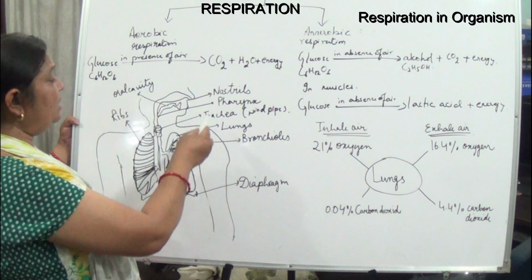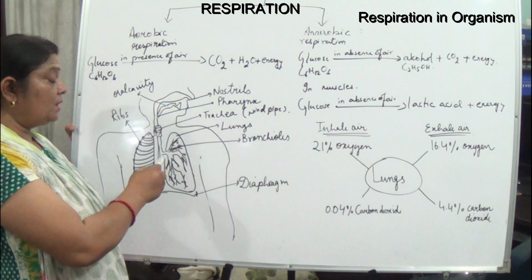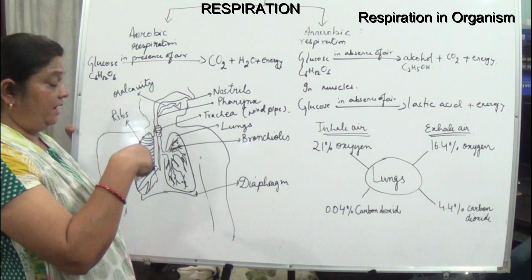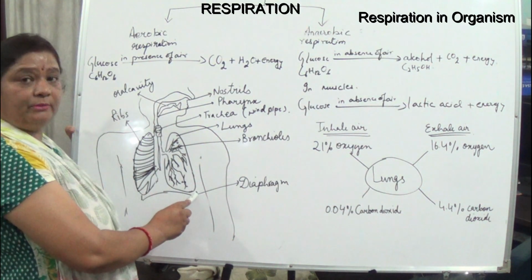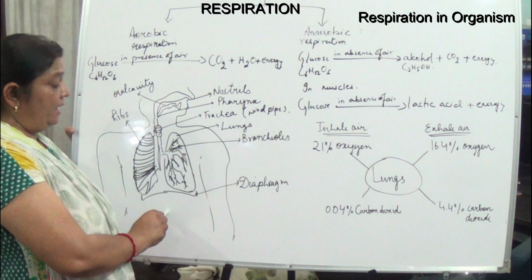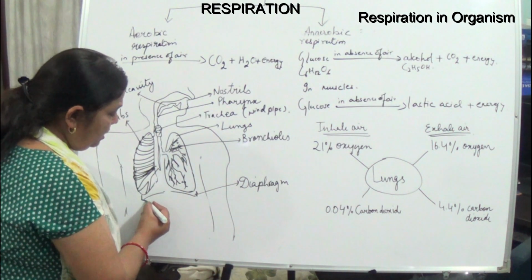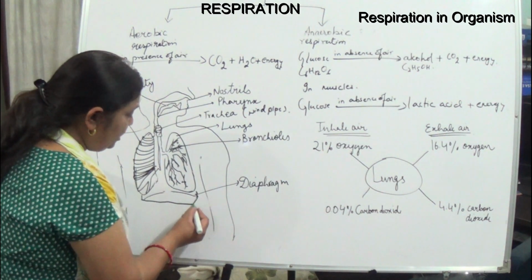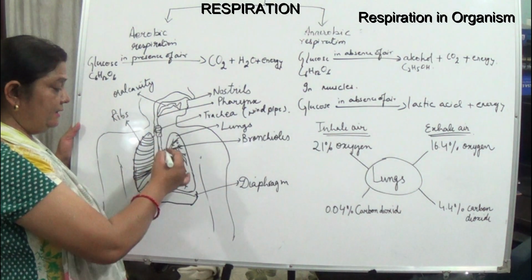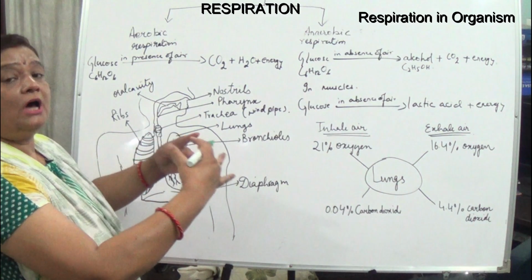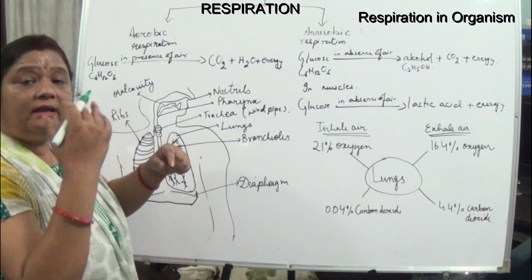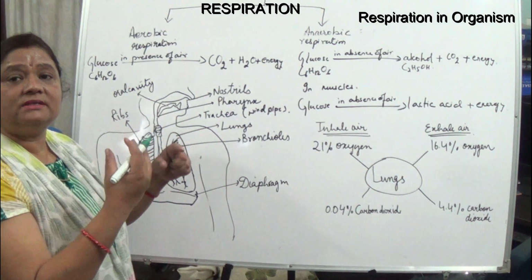Okay, so when we are taking in the oxygen rich air, this diaphragm is stretched. Our ribs move outward when we are taking the air, so that the area for accommodating the oxygen is more.